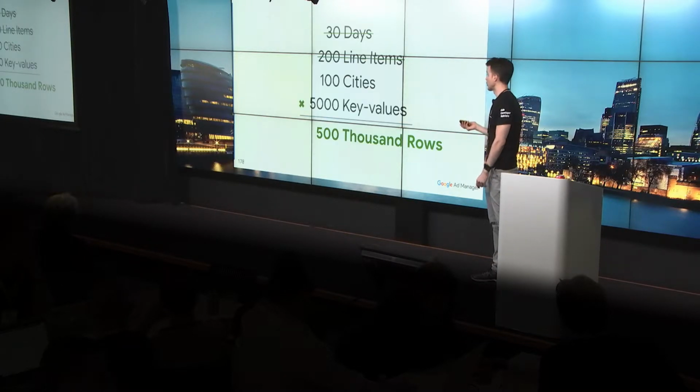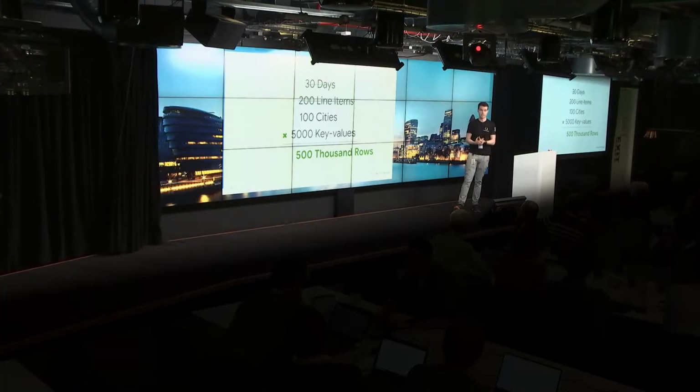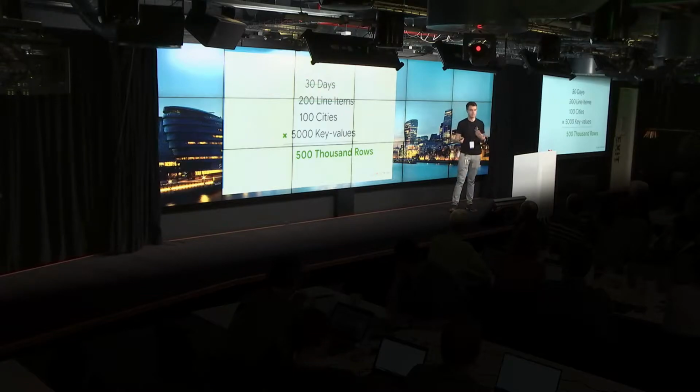So if we have a report that uses the line item ID dimension, we can actually filter by line item ID as well, run a different report for each day and for each line item, still getting all of the city and the key value data that we need. And we've brought this report down to 500,000 rows, which, according to our internal statistics, would succeed in about the 99th percentile.